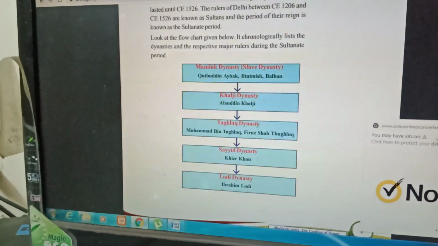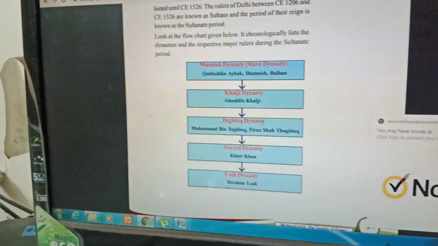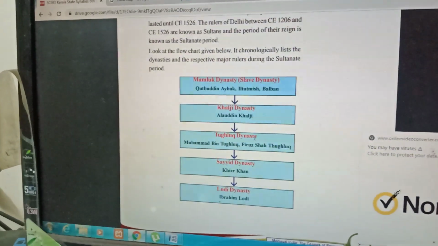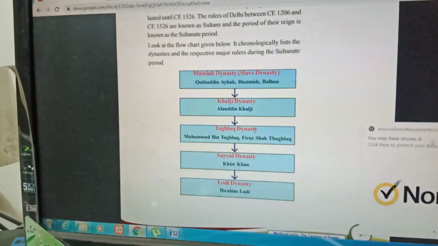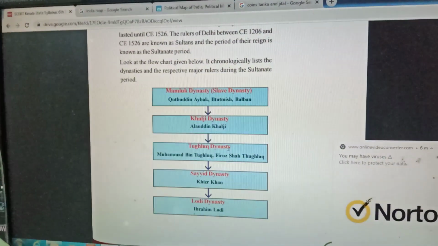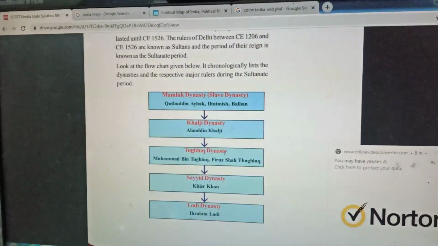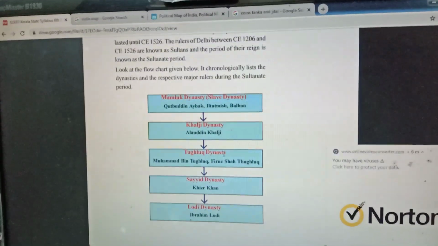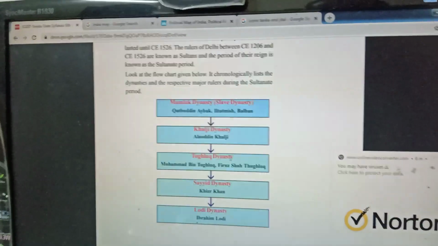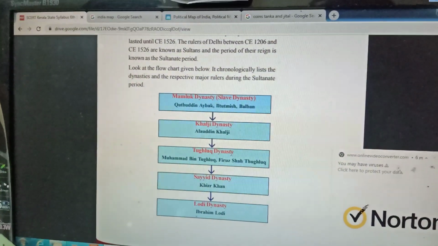The period of reign was from 1451 till 1526. The founder of the Lodi dynasty was Bahlul Khan Lodi, and the prominent ruler was Ibrahim Lodi. I hope you had understood.